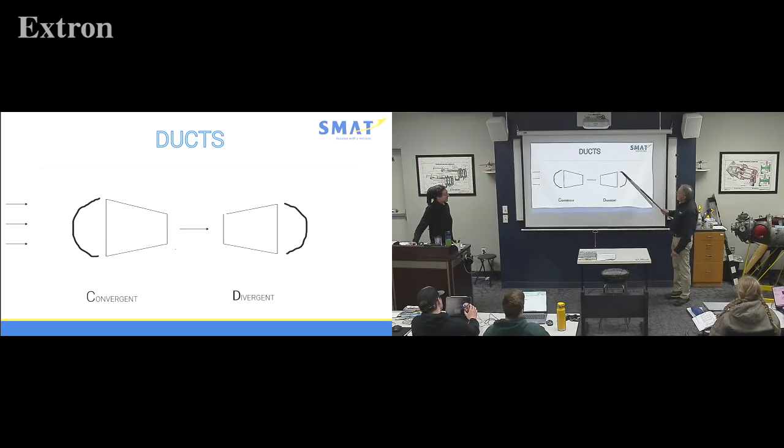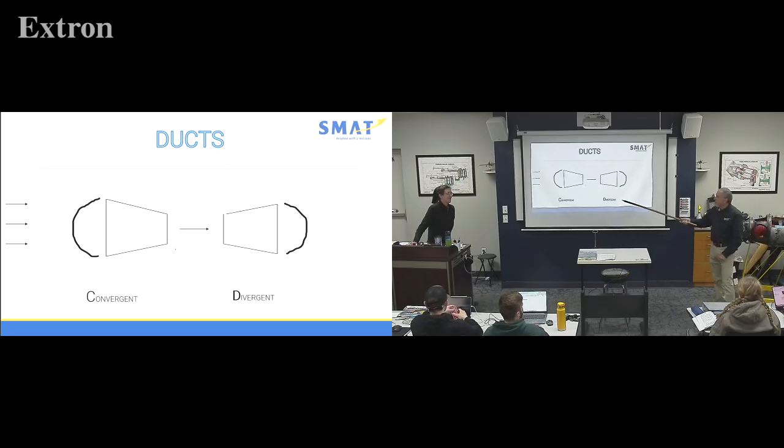And if you draw the same thing back here, it's like part of a D, and that's a divergent. That's just one of the little things that I did many years ago to remember convergent, divergent duct based on the airflow going through the duct. Okay? That is foundational.